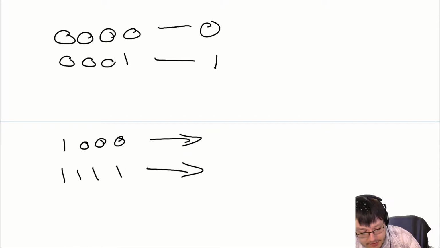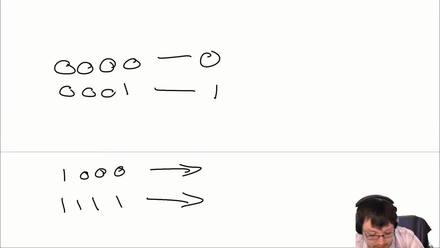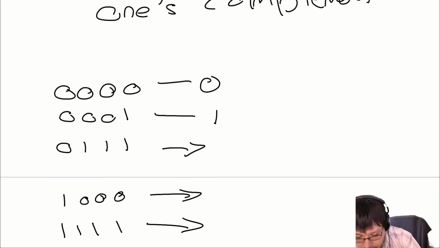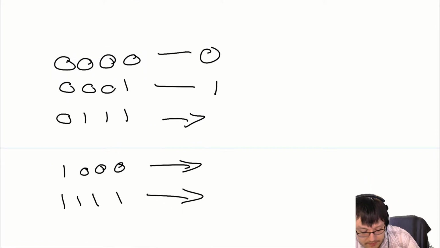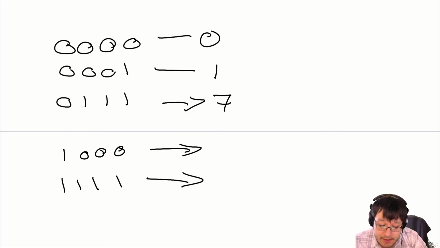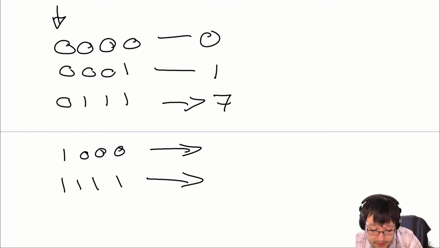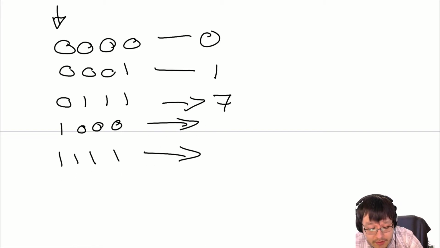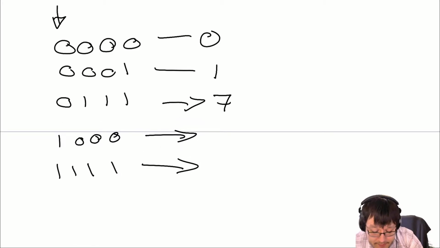Again, we're using that last digit to keep track of the sign. So let's just say we get something like 0, 1, 1. That is going to be 7. It should be 7, right? Let's see, 1, 0 will be 2, 3, 4, 5, 6, 7. Yeah, 7. And then from there, because we're going to use this last digit to keep track of the sign, when we get to 1, 0, 0, 0, that is actually going to be a negative number now.